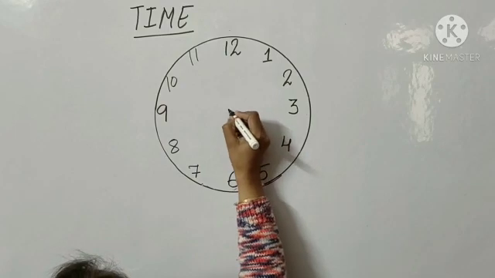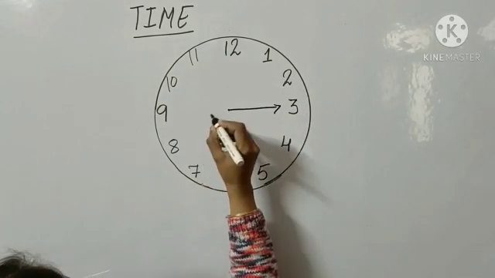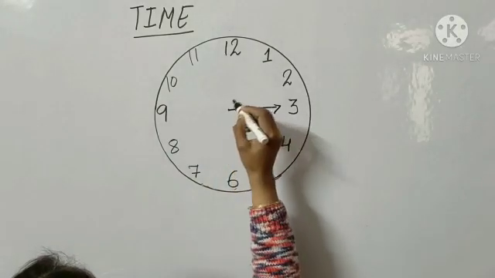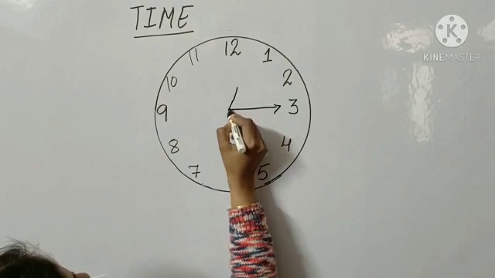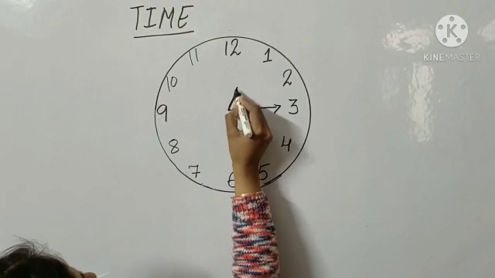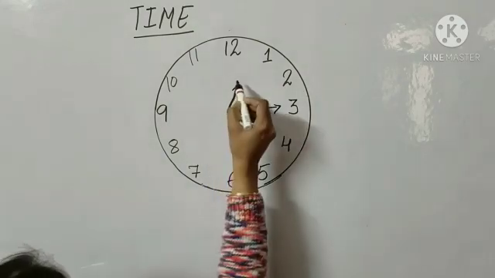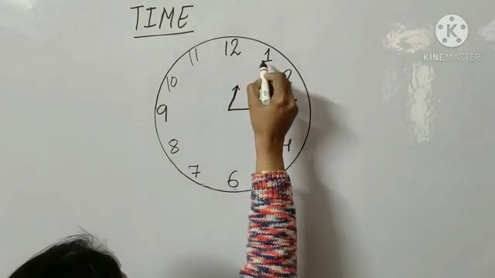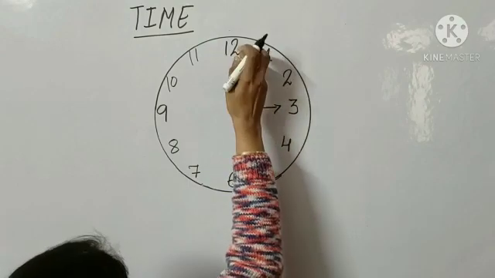The minute hand, suppose it is at 3, and our hour hand is here. Suppose it is neither at 12 nor at 1, somewhere very near to 12, after 12 in fact.